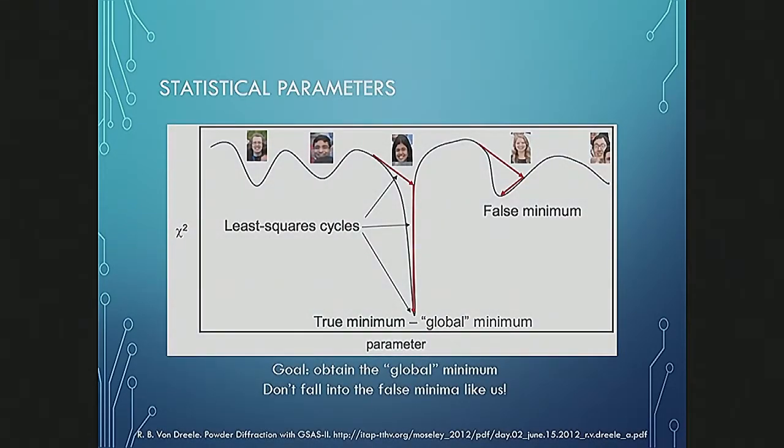So as we do the refinement, we change some of the individual parameters, and the goal is to go to the global minimum, which is actually the best fit. At some points, we can also go to a local minimum, and we can also make false conclusions, as we did, and you'll hear soon about that.